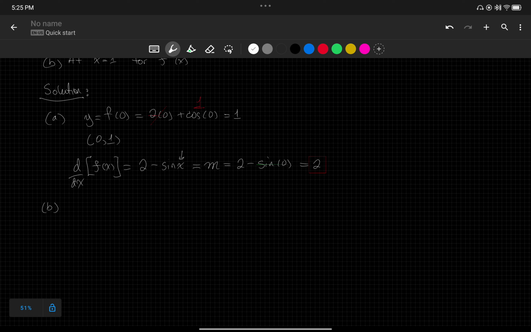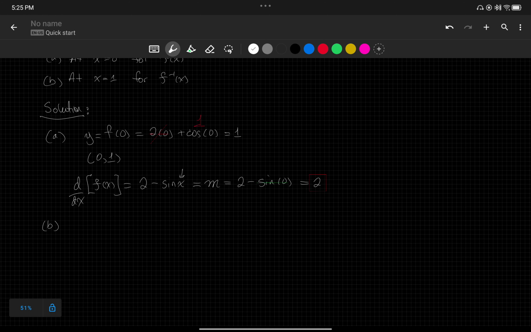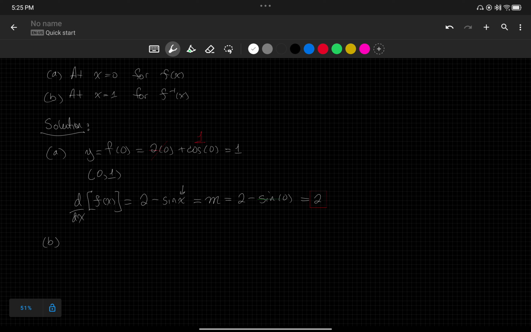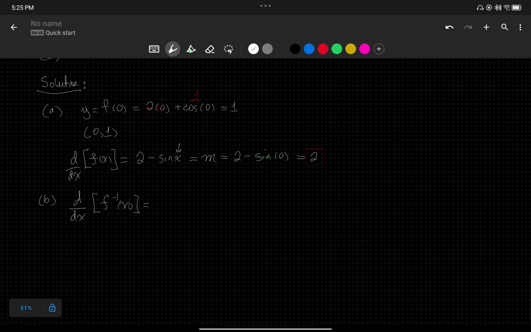So we'll do the same thing. We're going to have to invoke the derivative of the inverse. The problem is, who is f inverse?